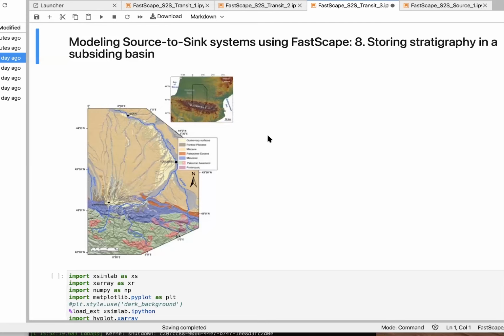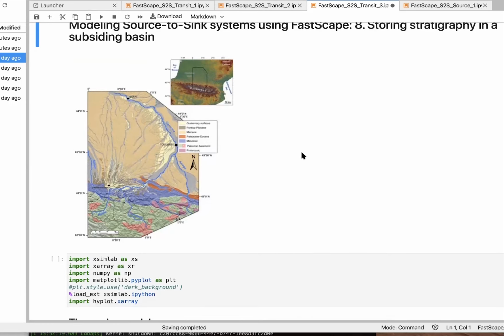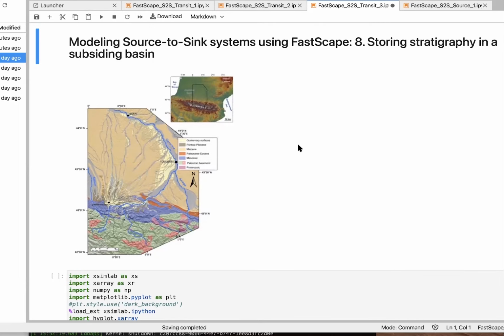So what I need to tell FastScape is, how often do you want to remember that topography? And these will be my stratigraphy. Now, I was very lazy when I built this notebook, and I apologize for it, but it's fine. I did something that is not really recommended. I forgot how to use the stratigraphic model.